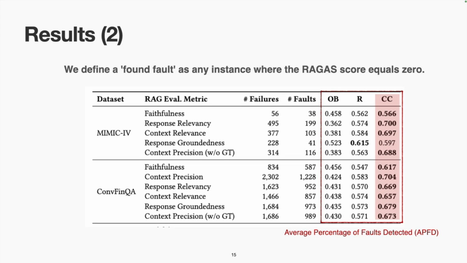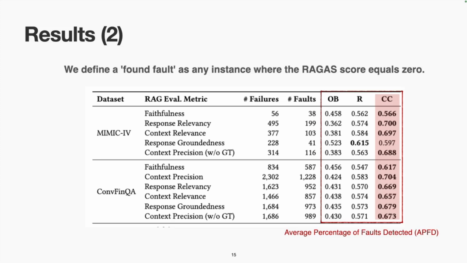You can see in this column 6 different RAGAS metrics, including faithfulness and context precision, which I already introduced. When their value becomes 0 for some specific test, we say this one is a FERT.